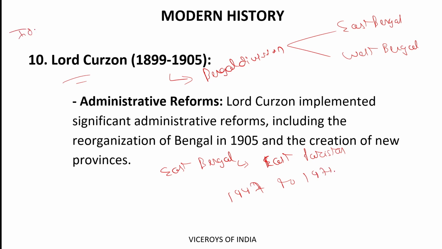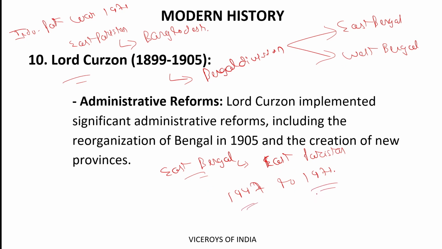Okay, and during the Indo-Pak War of 1971, East Pakistan was liberated from Pakistan and established as Bangladesh. Got it? So Lord Curzon was the person who divided Bengal into two areas, East Bengal and West Bengal. The East Bengal was converted into East Pakistan in 1947 and remained so till 1971. In the Indo-Pak War of 1971, East Pakistan became Bangladesh. Got it?